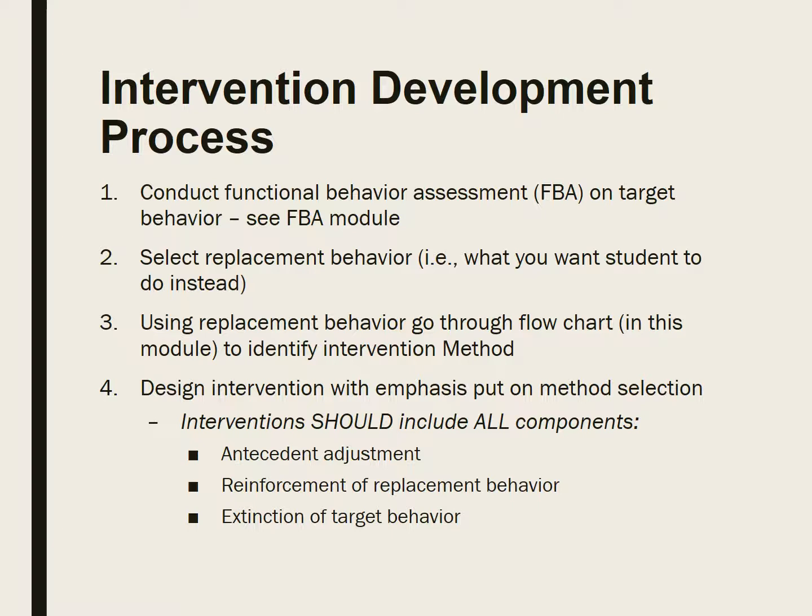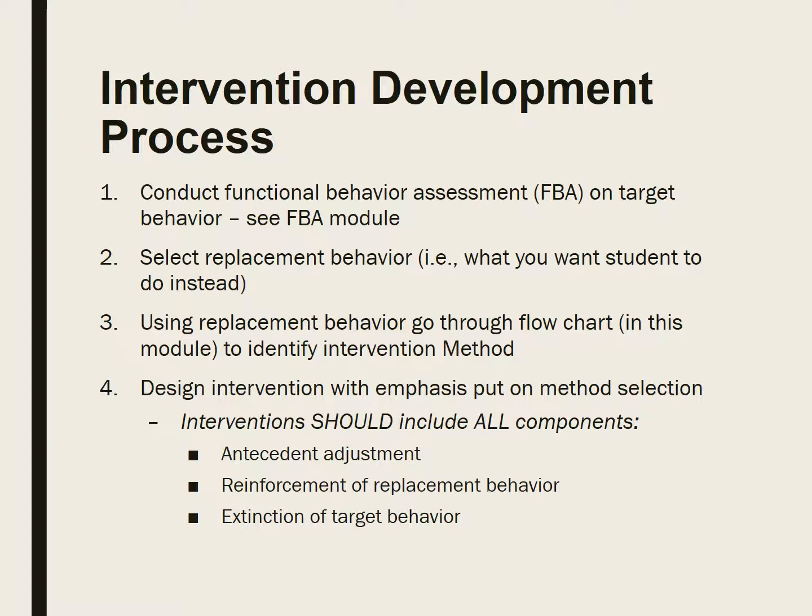So when you're doing an intervention development, you're going to go through a specific process. You're going to conduct the FBA on the target behavior, see the previous FBA module, select an appropriate replacement behavior. Using the replacement behavior, go through the flowchart that I just went through to identify the intervention method. Then finally, you're going to design the intervention with emphasis put on the method selection.